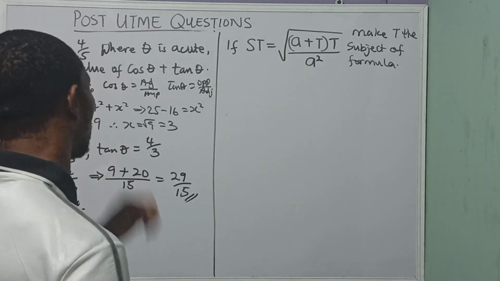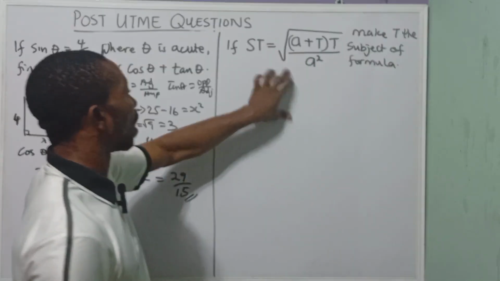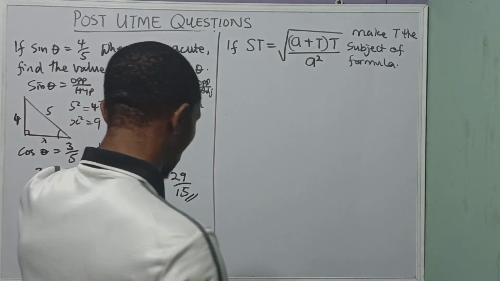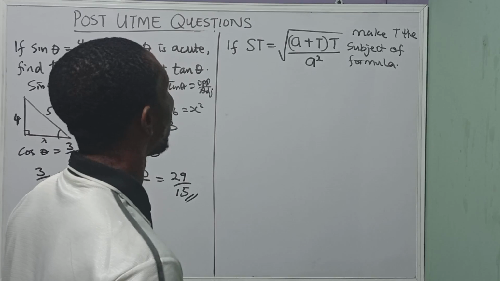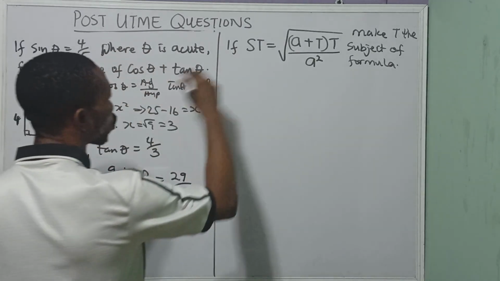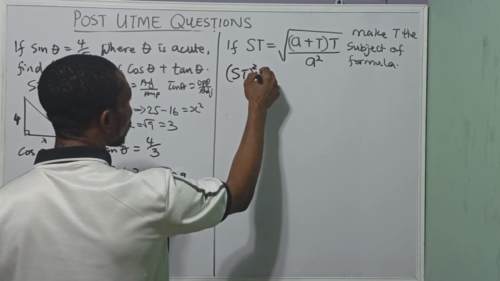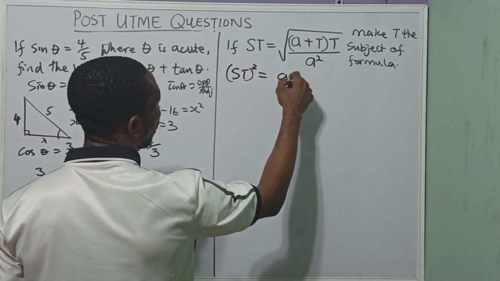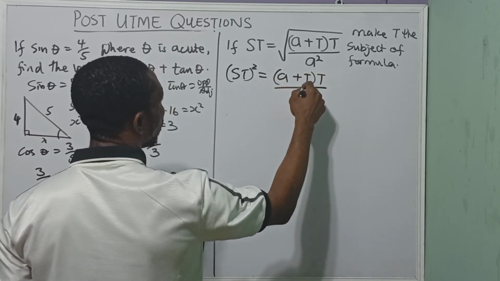Now, if you have to make t the subject of formula, first of all, we'll eliminate our root sign. Okay, and in order to eliminate our root sign, we'll square both sides. So if we square both sides, this will become st squared equals a plus t all over a squared.